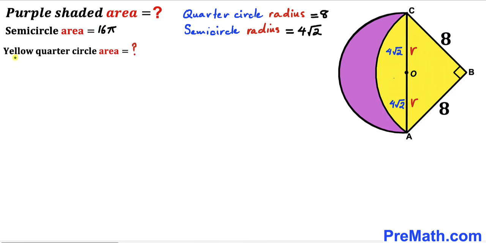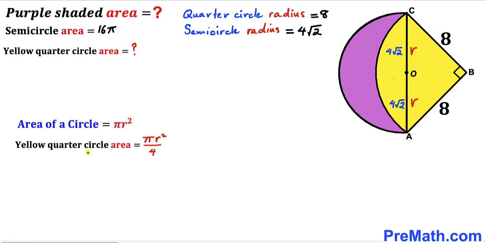Likewise, we are going to calculate the area of this yellow quarter circle. Once again, the area of a circle is pi r square, and since we are dealing with a quarter circle, the formula is pi r square divided by 4. The quarter circle radius is 8, so it's pi divided by 4 times 8 whole square.